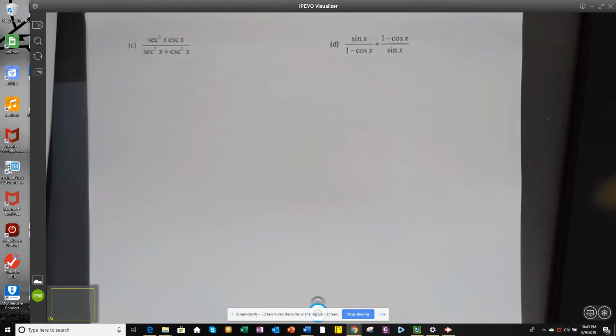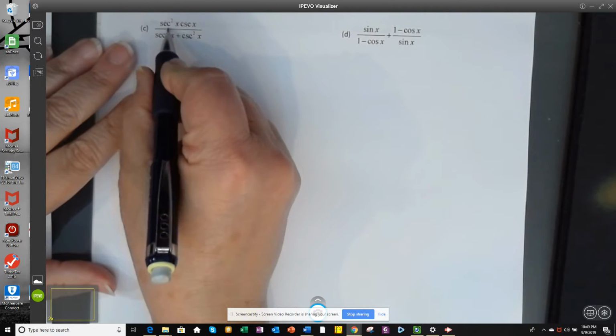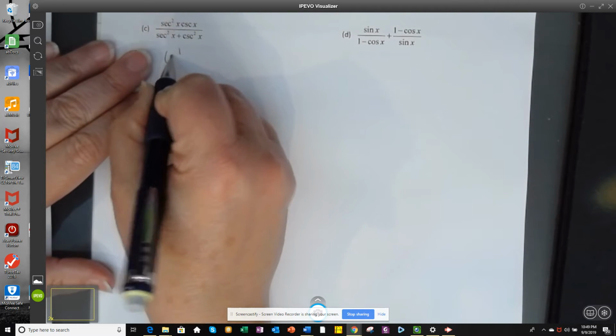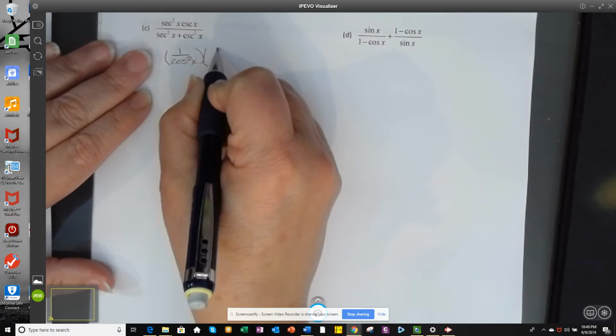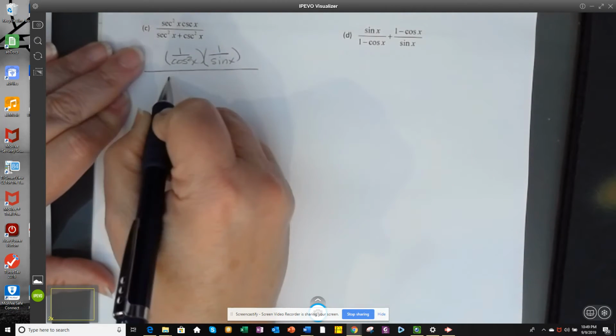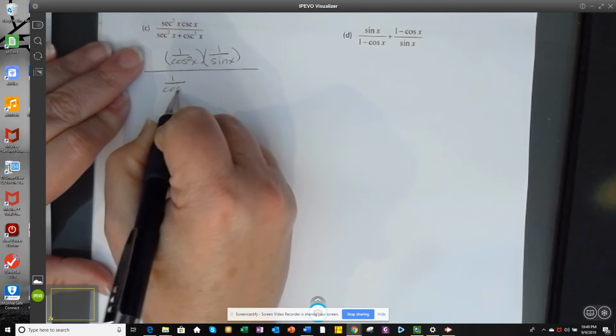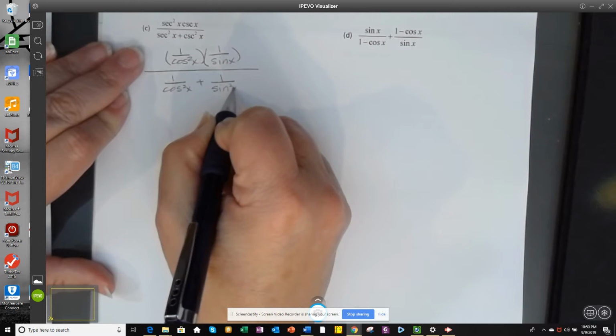Okay, so I'm thinking we're going to change things to their sine and cosine component parts because if all else fails, you can do that. So let's see what we get here. In the numerator, we get 1 over cosine squared x, and then this is 1 over sine x, all over 1 over cosine squared x plus 1 over sine squared x.